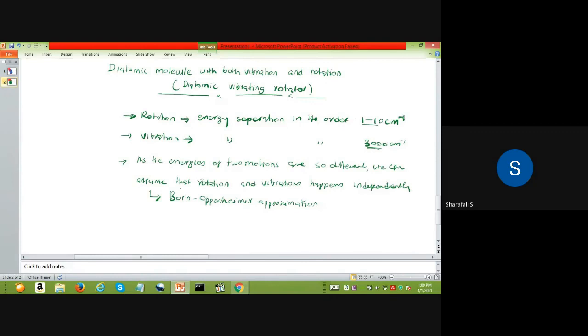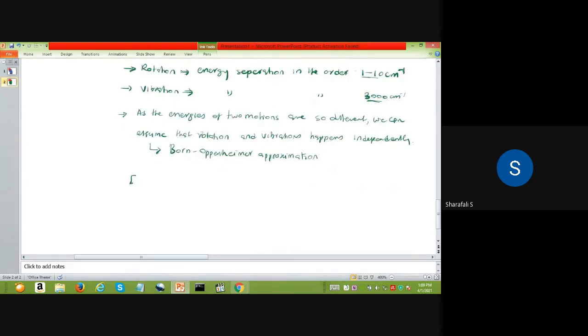In this case, the total energy will be equal to the sum of rotational energy and vibrational energy. So E total equals E rotational plus E vibrational. Similarly, epsilon total, that is energy in terms of wave number, will be equal to epsilon rotation plus epsilon vibration.